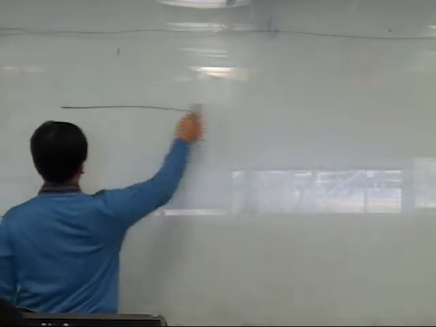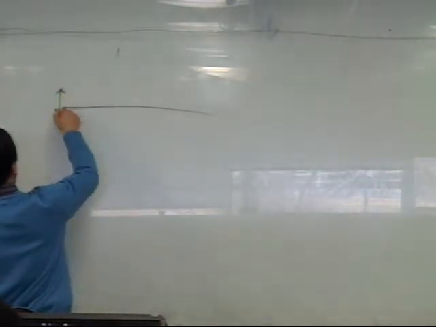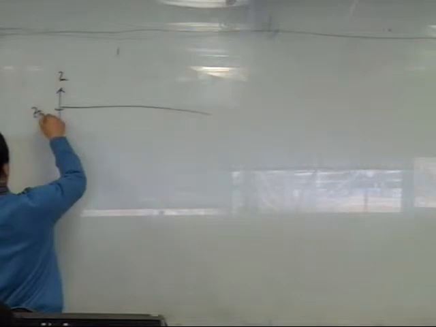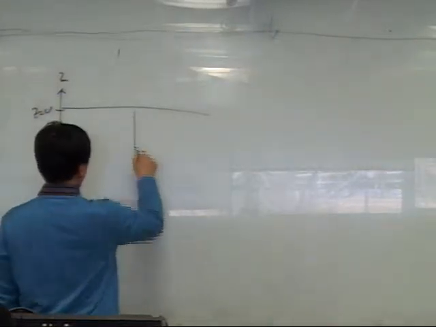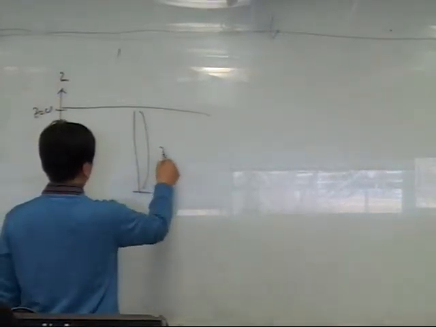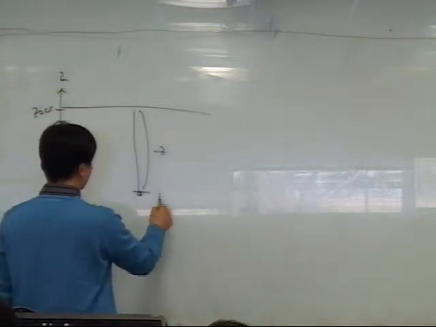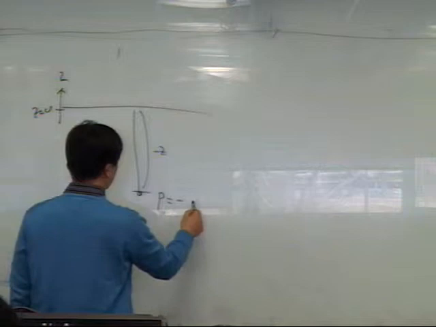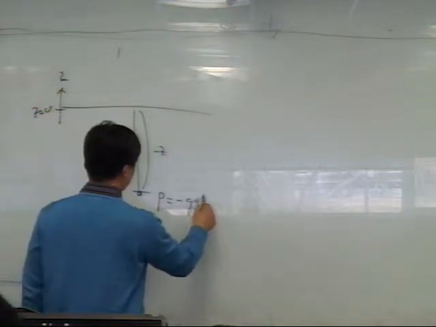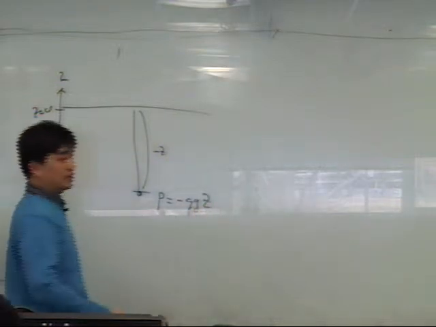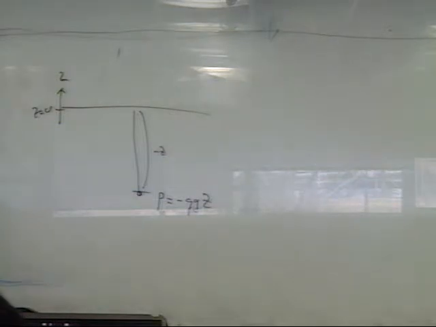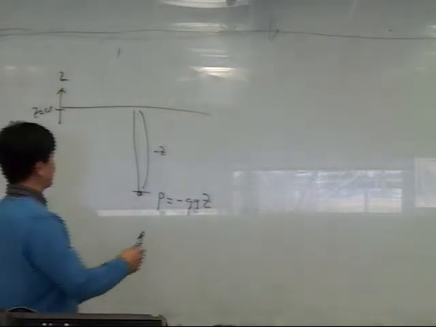Regarding the hydrostatic pressure, one of our students asked why the hydrostatic pressure at this point is minus rho g j.